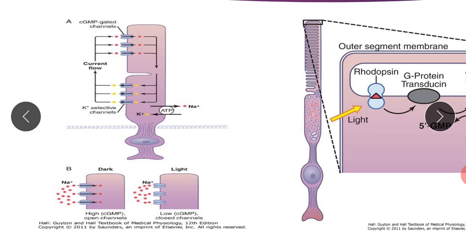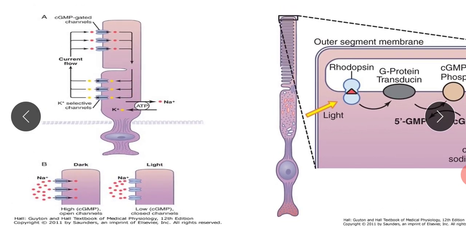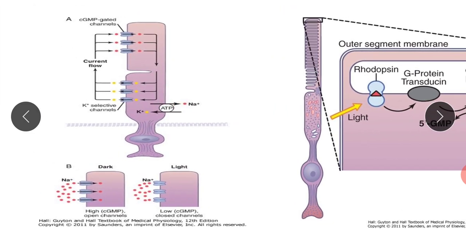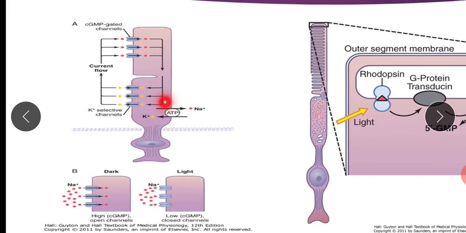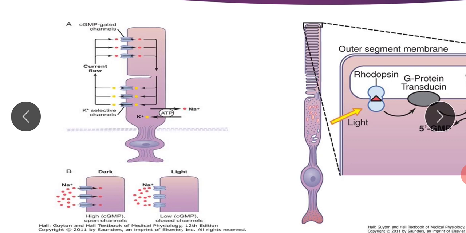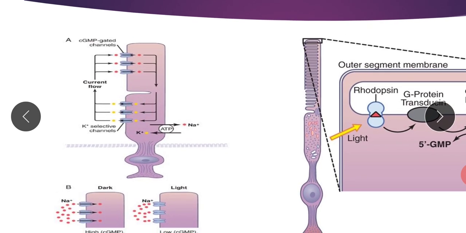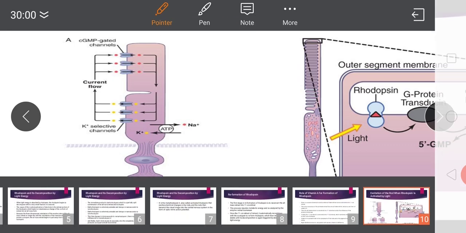That creates more negativity, because sodium and potassium are already coming out from the inner segment, sodium by the sodium potassium pump, potassium by the potassium channel. So there is continuous loss of positive ions from the inner segment, and when the light strikes, the entry of positive ions is also stopped.